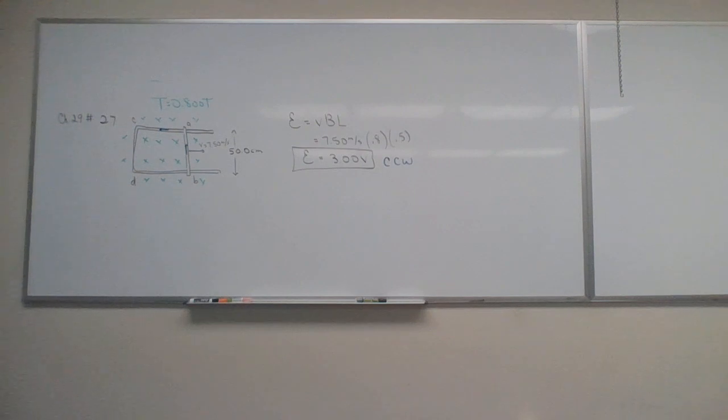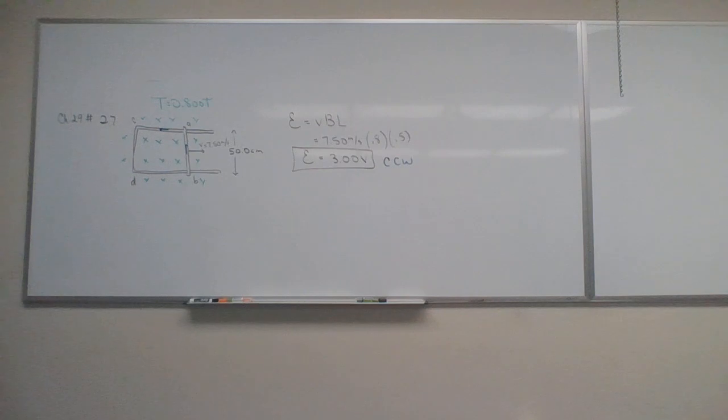If the resistance of the circuit A, B, D, C is 1.5 ohms, assume it's constant, find the force, the magnitude and direction, required to keep the rod moving to the right with a constant speed of 7.5 meters per second. You can ignore friction.